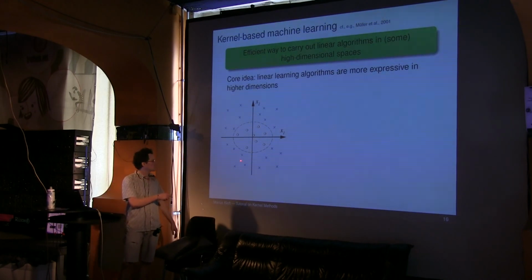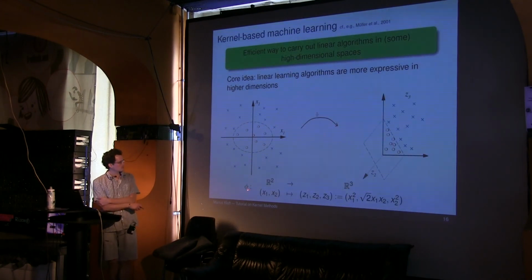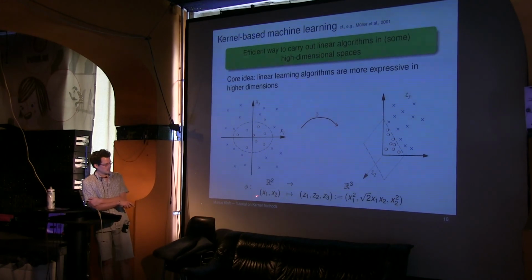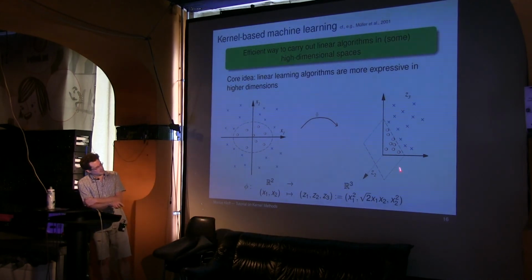This is our data: we have the crosses and we have the circles. And you would like to get such a description. What you can do is map the data using this mapping into a three-dimensional space, and it actually looks like this. If you plotted this on your computer, you would get this picture. And of course, here we can have a linear separation.